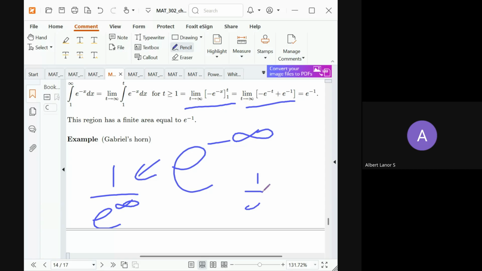So you have 1 over infinity, and this thing will be going to 0. So that part is a real number. So you're going to have 0 plus the e^(-1). The e^(-1) is a real number. The 0 is a real number. And when you do it, it's finite. So you have that the region has a finite area and it's e^(-1).